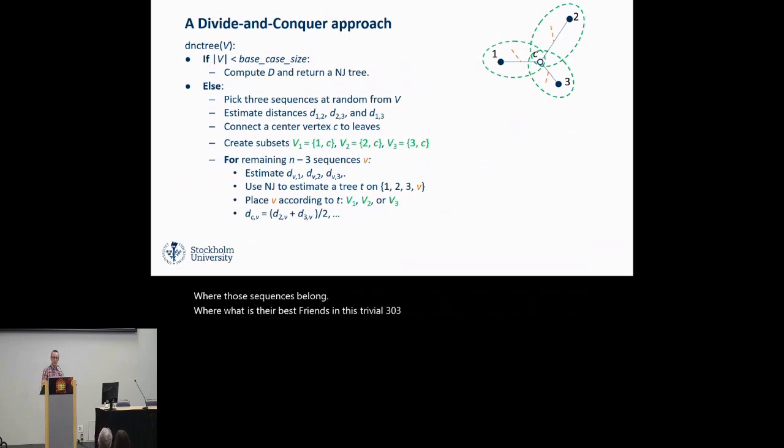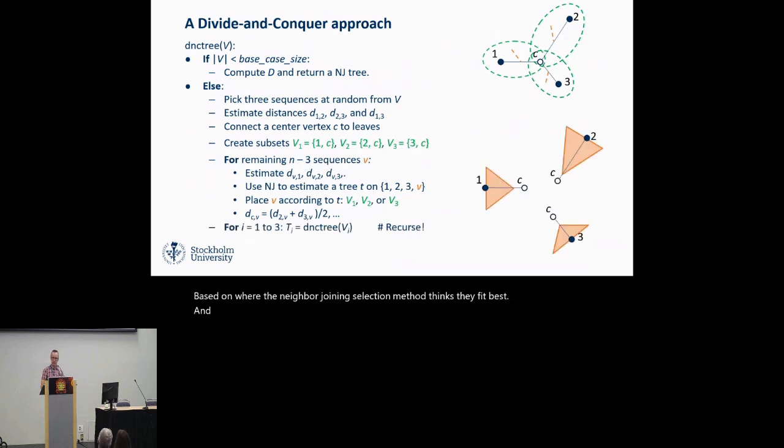Is it sequence 1, 2, or 3? We're assigning the sequences to these 3 subsets based on where the neighbor joining selection method thinks they fit best. And then we compute these trees recursively. The nice thing is that with this construct, the center sequence is part of all 3 subsets, and that's the only thing that joins them.